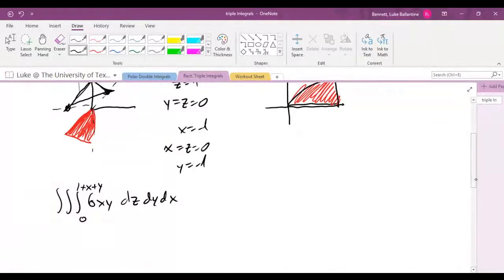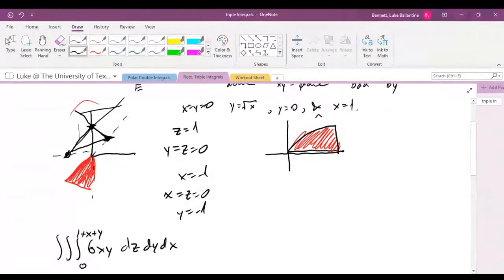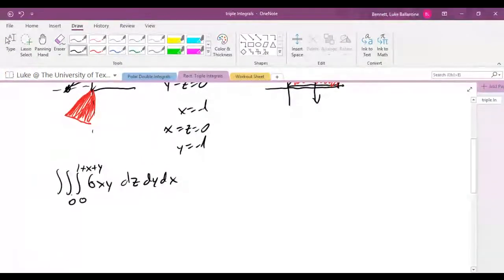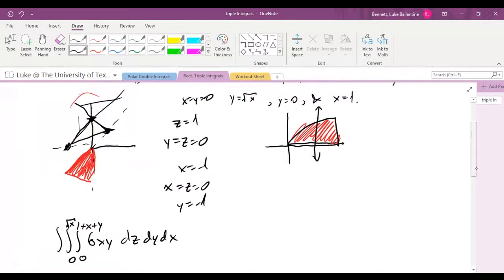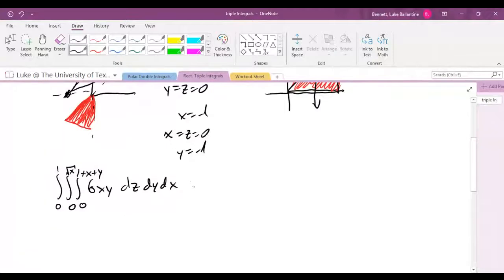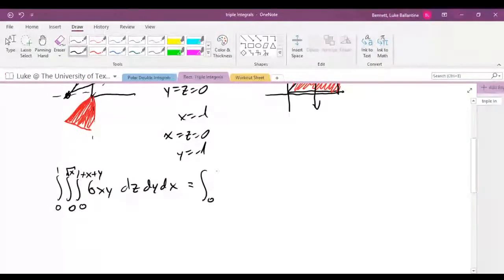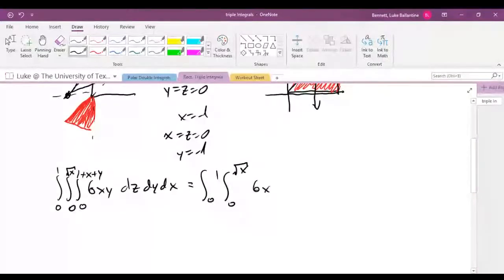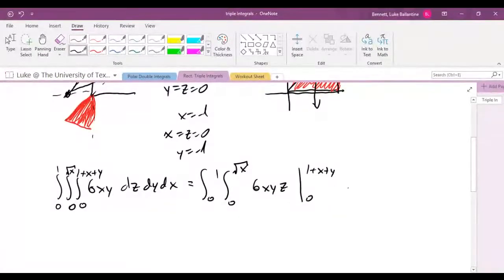Y ranges, now we look in the region R2, between 0 and square root of x. And x lies between 0 and 1. All right, so we integrate z: the integral from 0 to 1, 0 to square root of x, of 6xy z, evaluated from 0 to 1 plus x plus y, dy dx.